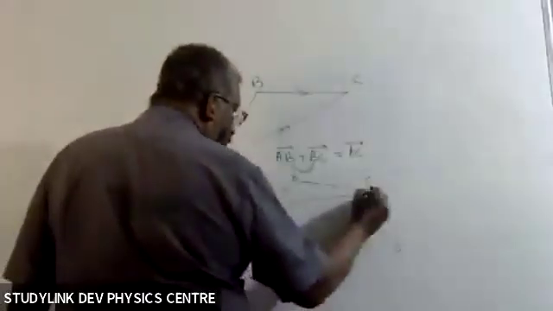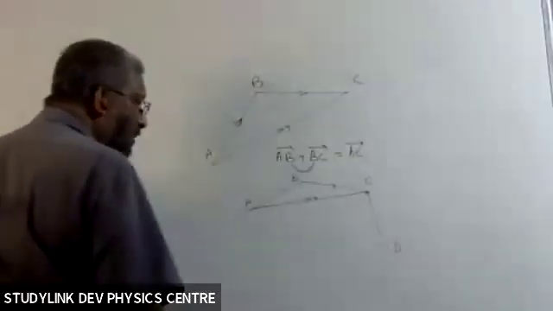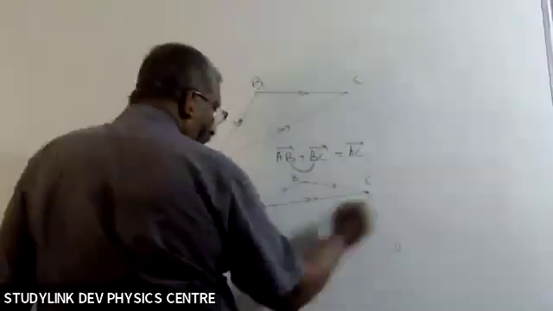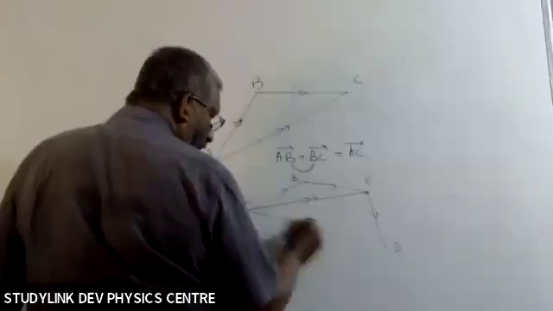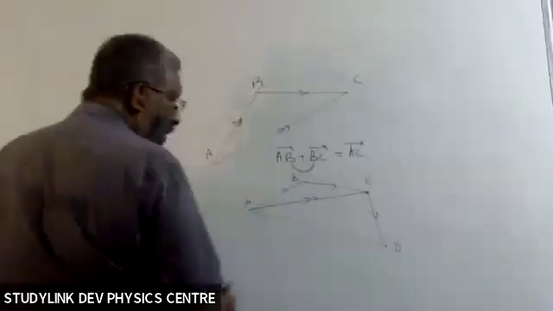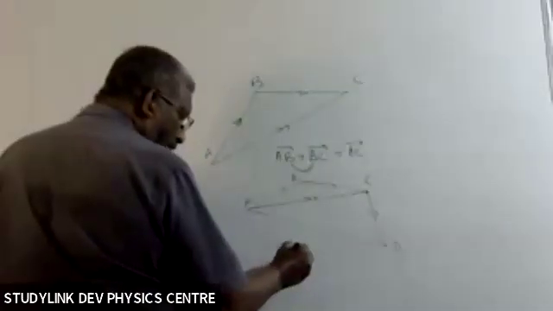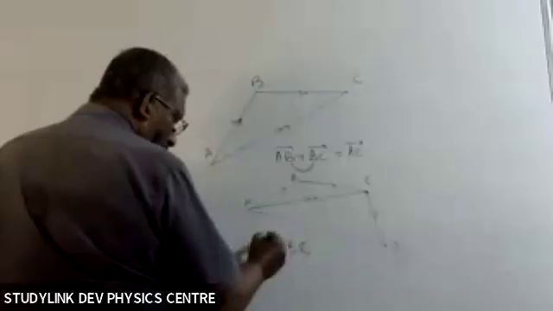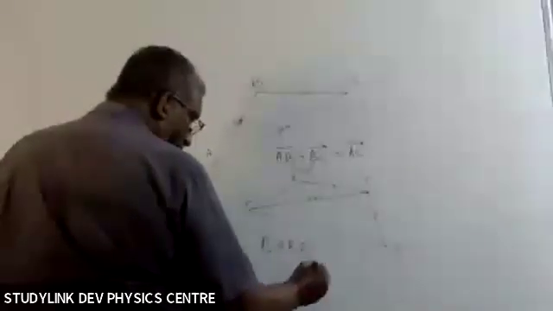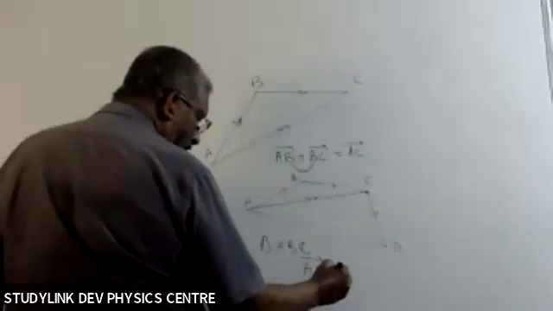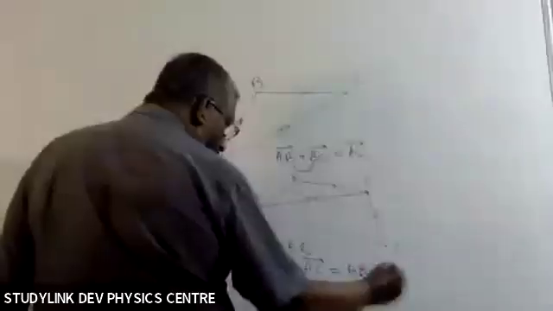When you add these two, AB plus BC, AC is the addition. Now you have to add AC plus CD. First you have to add, considering triangle ABC, and get AC is equal to AB plus BC.